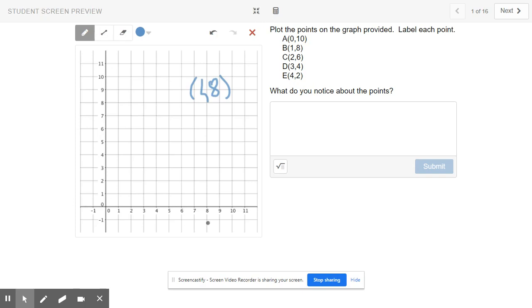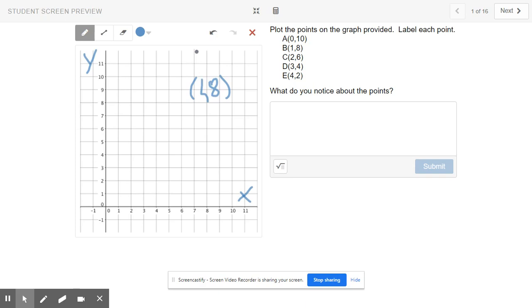The bottom line going across is called the x-axis, and this line going up and down is called the y-axis. And when we have a point, each number represents where to go on either the x or the y-axis.